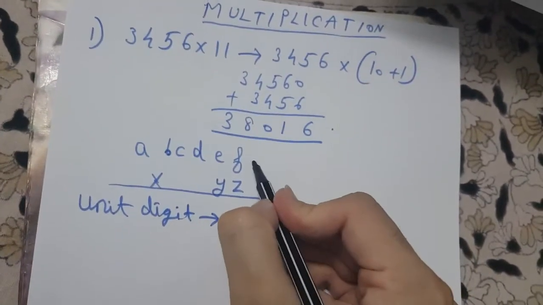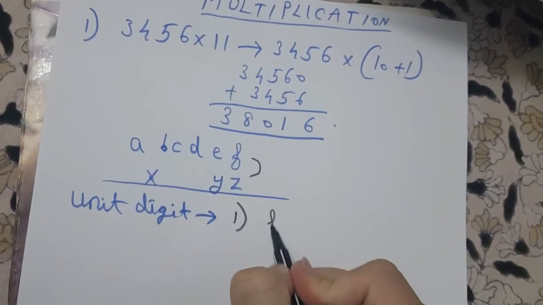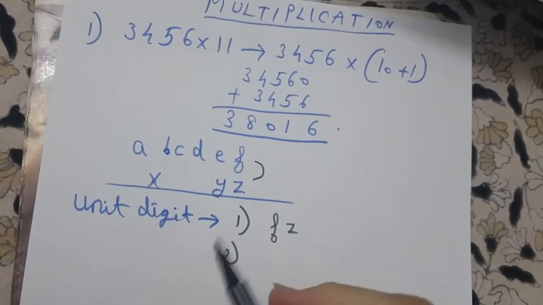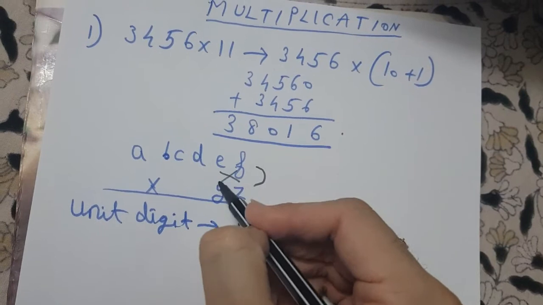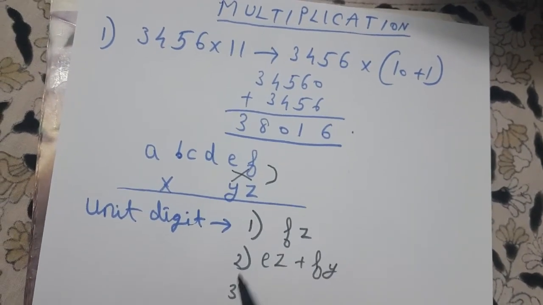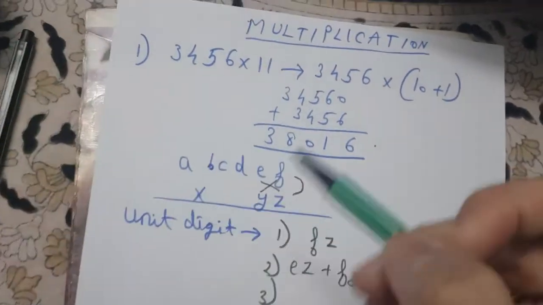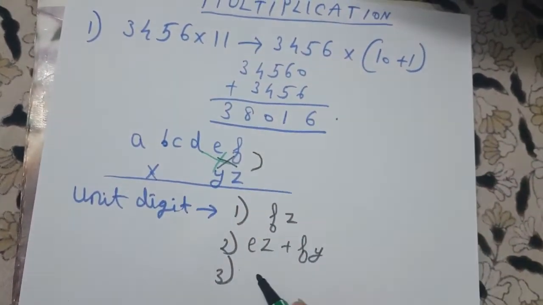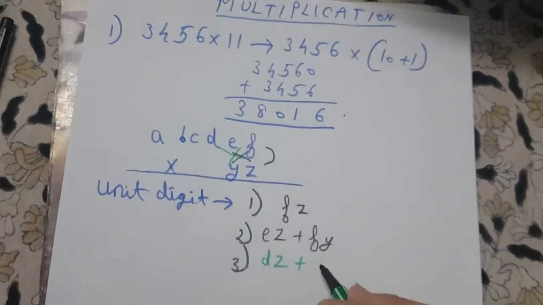First step, multiply F into Z. Second step, you have to compute EZ plus FY. Third step, DZ plus EY.